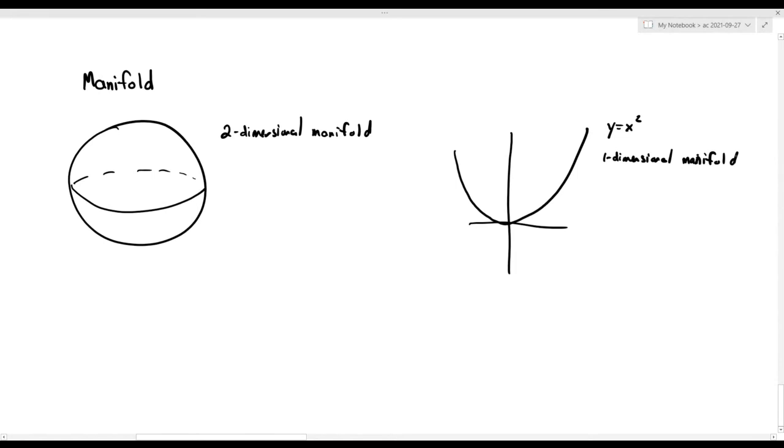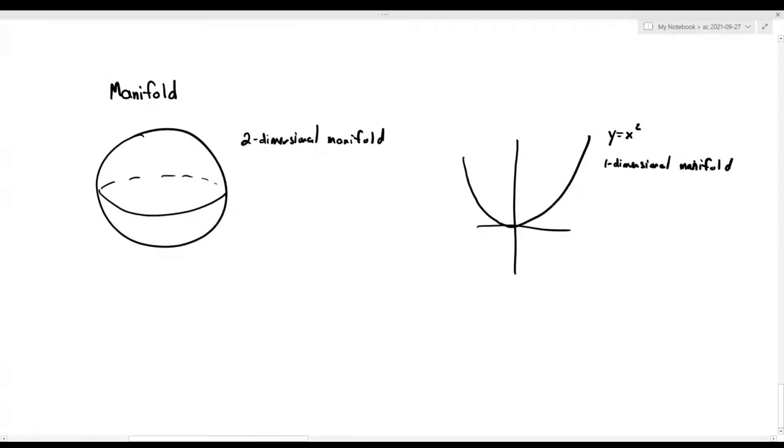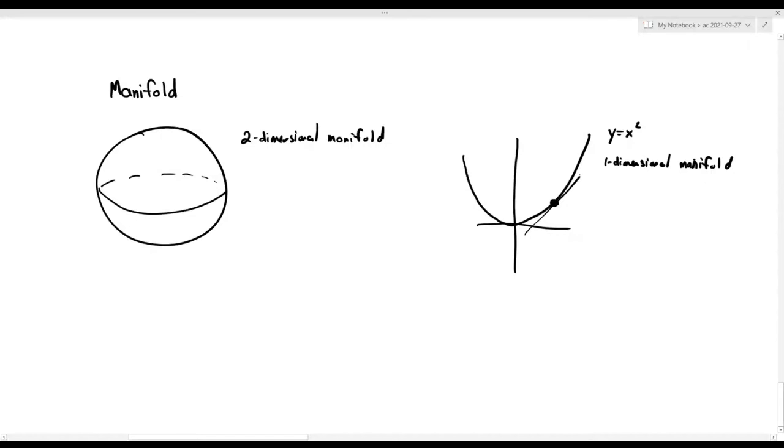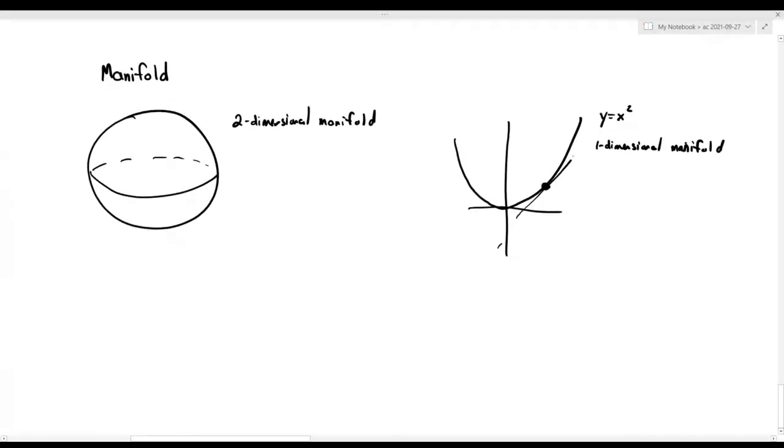So what would make us think, what's the commonality here? Well, for each point on this curve, you can draw a tangent. It's a unique tangent. And so that's just a line. If you'd like to think of it, that line is just a copy of the real number line, right?